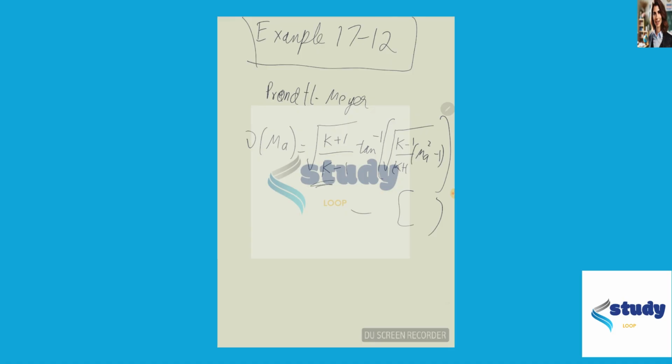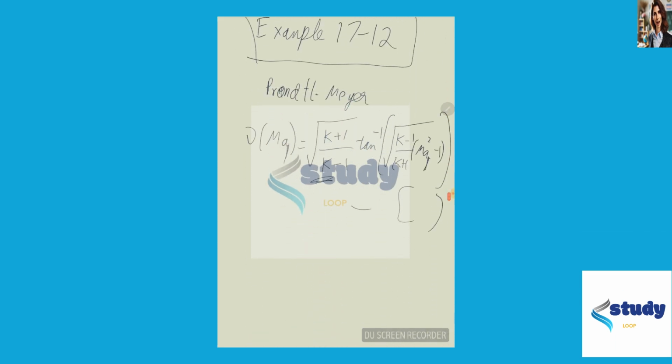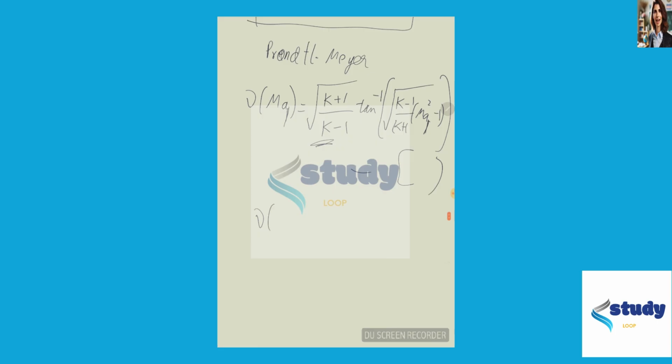Basically the k value for air is 1.4, the Mach value is given to us as 2.4, so this can be easily solved using a calculator, and on solving this you find that the value is equal to 36.75.